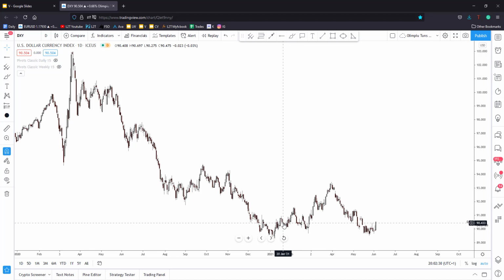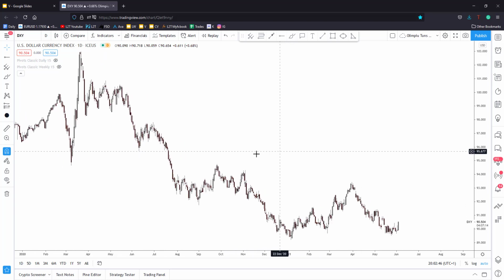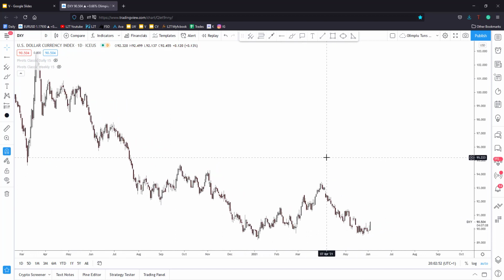It could drop versus the euro, versus the pound, maybe versus the yen, versus the Swiss franc, versus the Canadian dollar, versus the Aussie, versus the New Zealand dollar. So you can use these correlations in trading, guys. And when the DXY drops, you should not go long on the US dollar, guys.